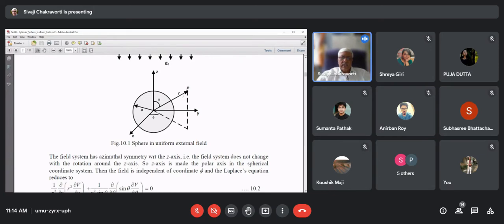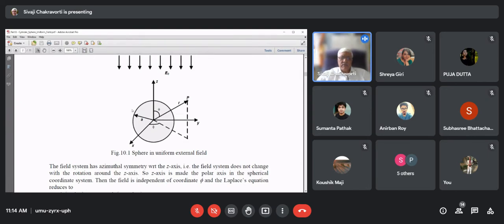So I repeat again that if you rotate this r around the z-axis in the anti-clockwise direction, that means phi is varied from 0 to 2 pi, the entire configuration remains same at every angle phi. So what we are saying is that this particular system has symmetry with respect to angle phi. That means it is independent of the coordinate phi.